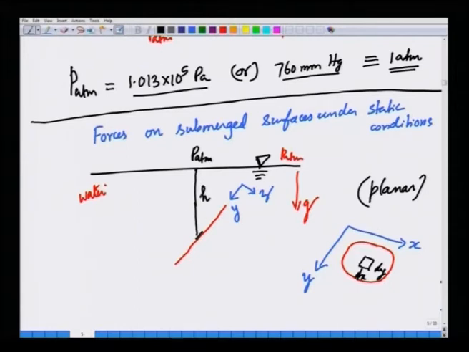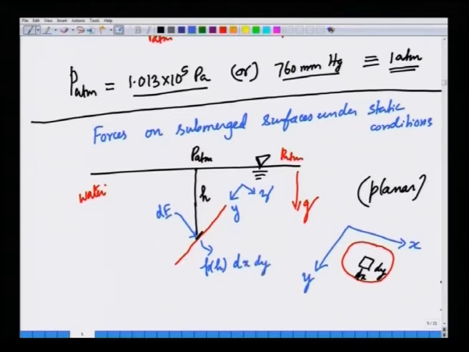On this area element the pressure force will be acting purely normally because the fluid is static. So, the differential force acting on this area element is purely normal, and what is this differential force? This is the pressure at this vertical location h from the free surface times the area dx dy.